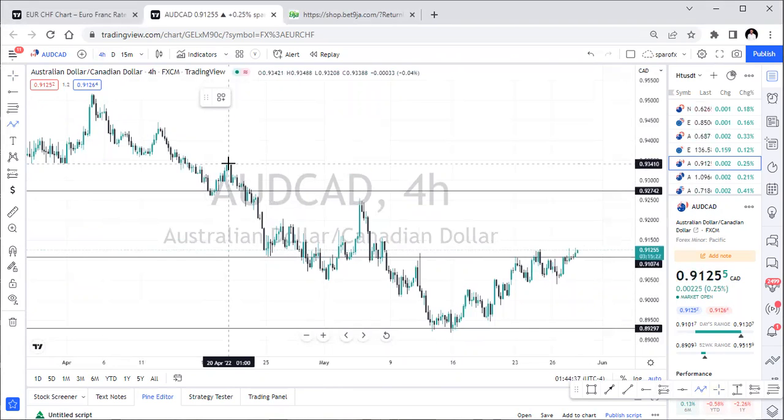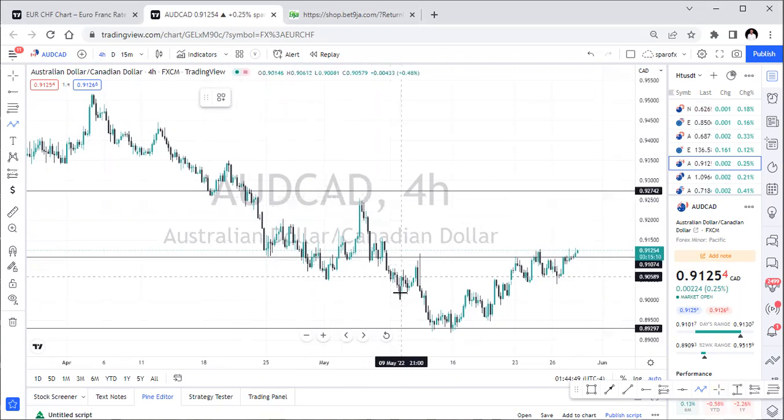This was a lower low, this was a lower high, this was a lower low, and it breaks structure to the downside. Then the market created another lower high, then breaks structure to the downside, created another lower high, breaks structure to the downside. Then now the market created a double bottom, showing to us that the trend might be reversing.